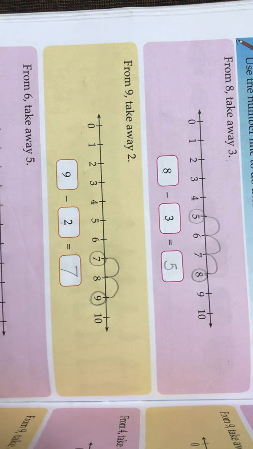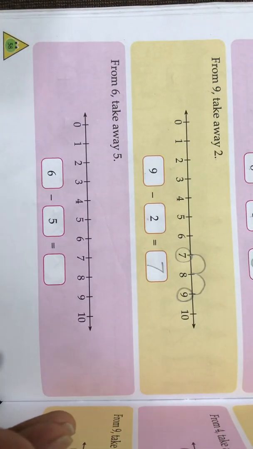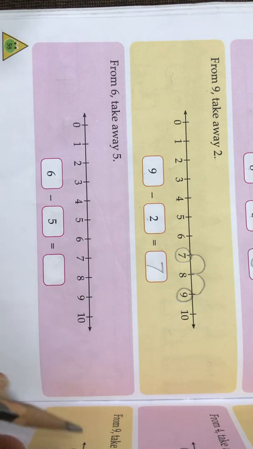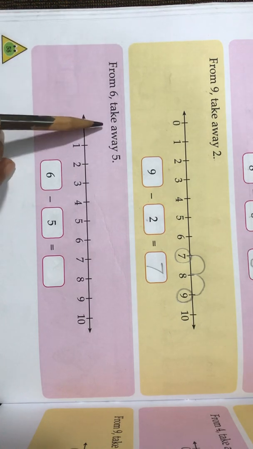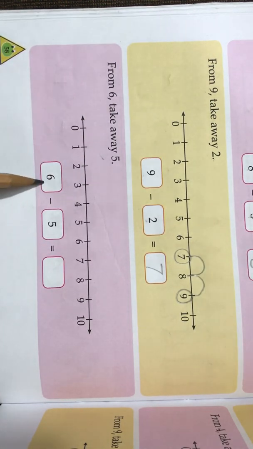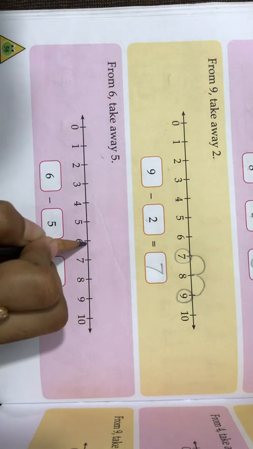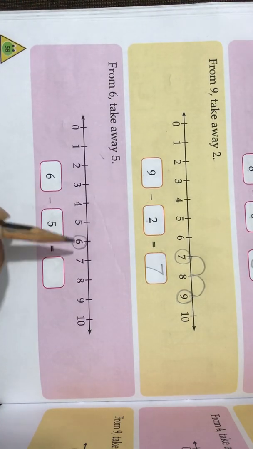Isn't it easy, children? You will understand it more clearly as you do the sums. Okay? From 6, take away 5. 6 minus 5. What I will do, children? We will circle 6 first because we will start with the number 6.